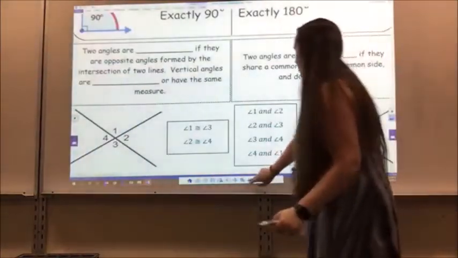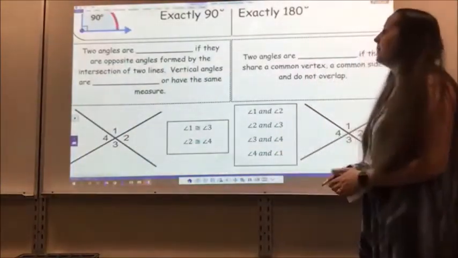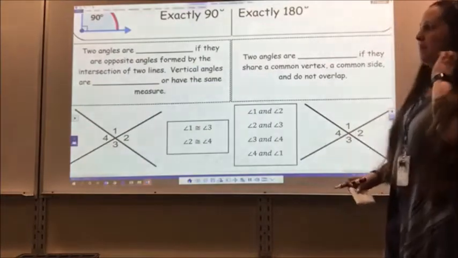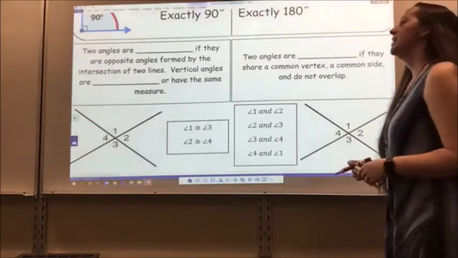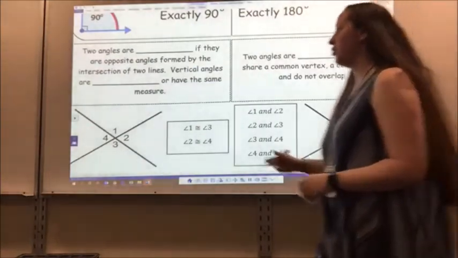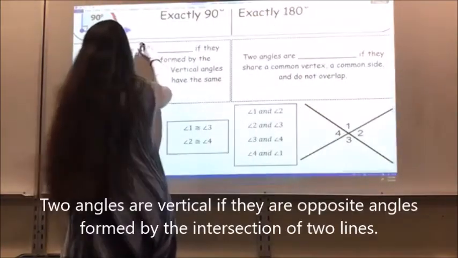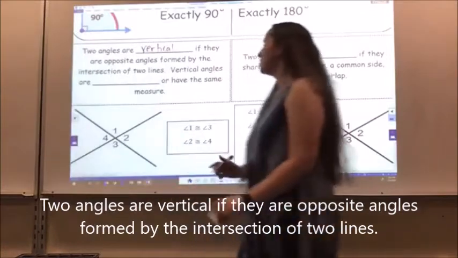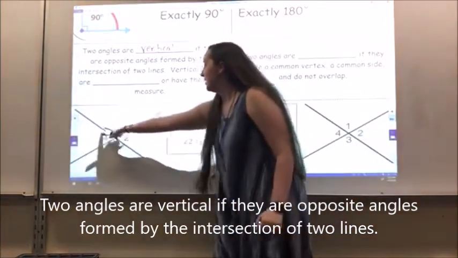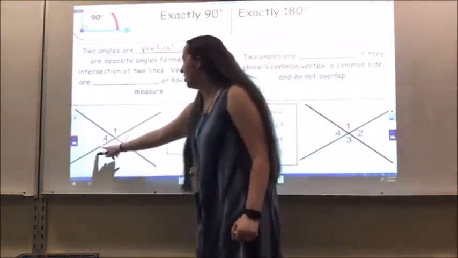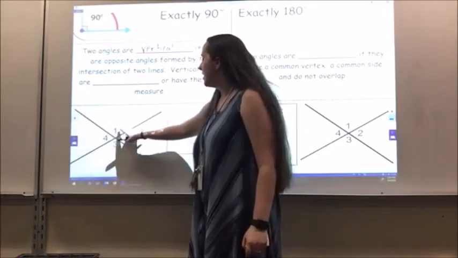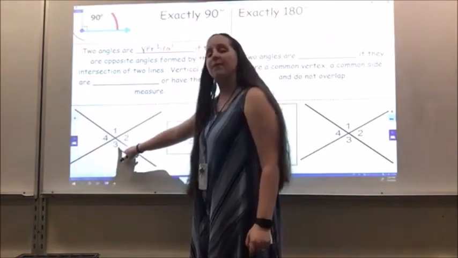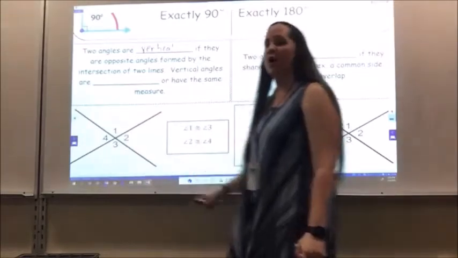All right, 2 angles are blank if they are opposite angles formed by the intersection of 2 lines. In that blank, you're going to write vertical. So, as you can see here, they form 2 lines. I have 4 different angles. 1 and 3 are vertical angles because they're right across from each other.